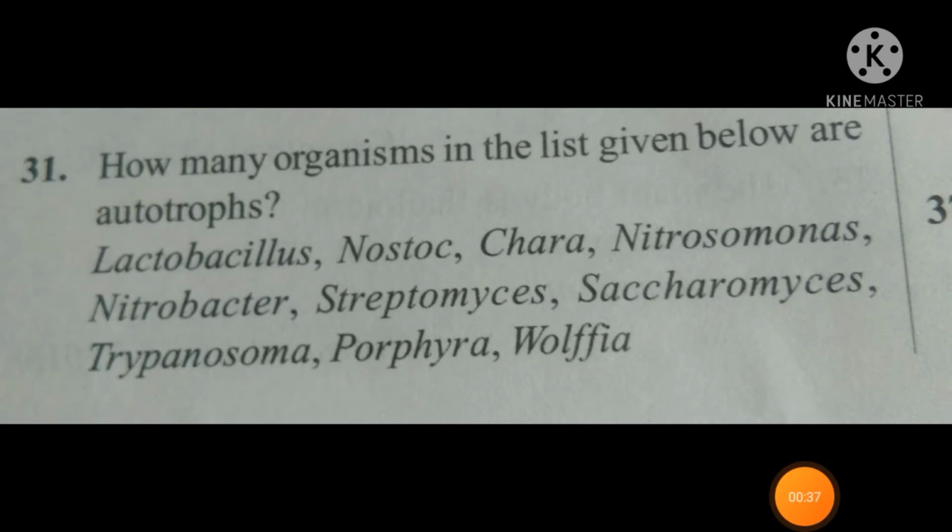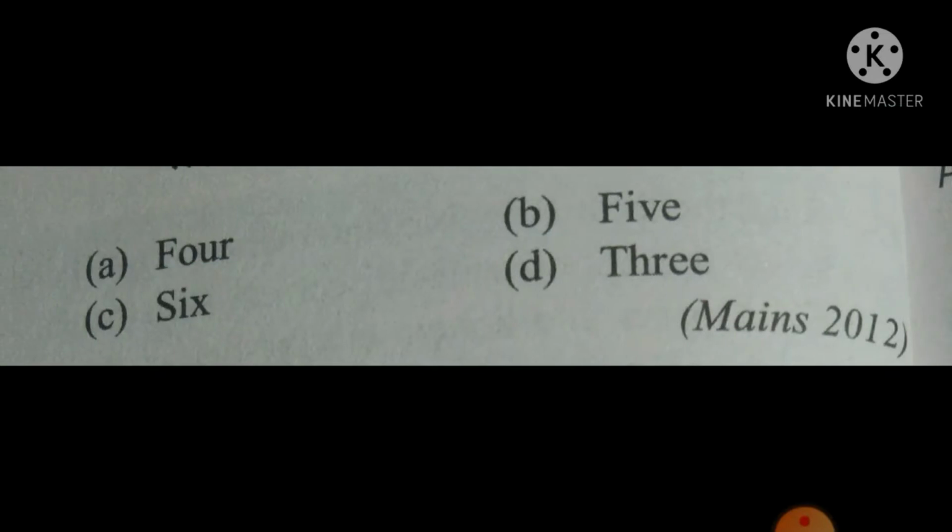So first question, how many organisms in the given list below are autotrophs? Lactobacillus, Nostoc, Chara, Nitrosomonas, Nitrobacter, Streptomyces, Saccharomyces, Trypanosoma, Porphyra, Wolffia. So the options for this: A4, B5, C6, D3.